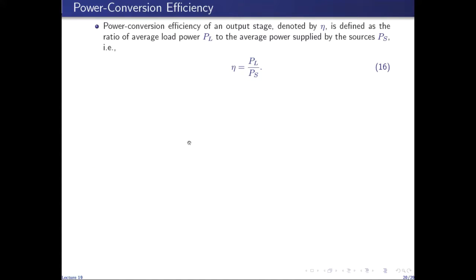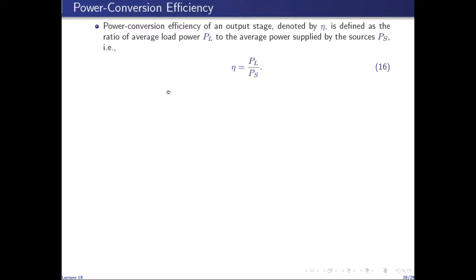The power conversion efficiency is another very important design requirement for class A amplifiers in general, for output stages. Like I mentioned before, the power dissipation within the output stage should be as small as possible, and maximum power must be delivered to the load.